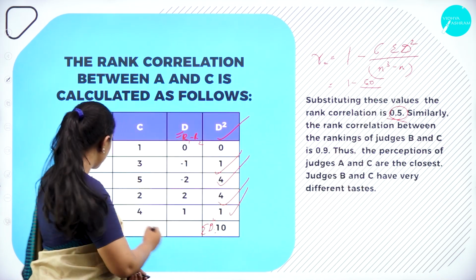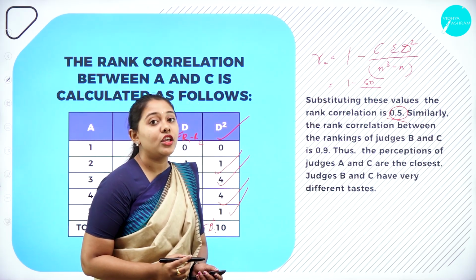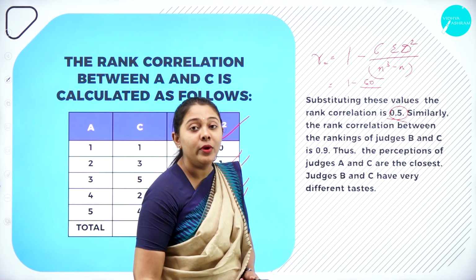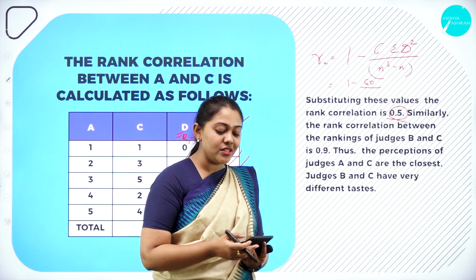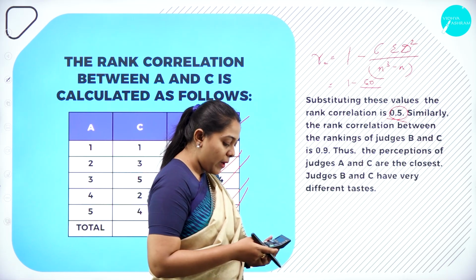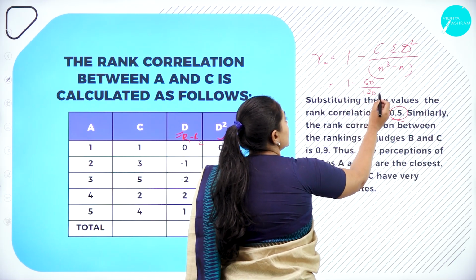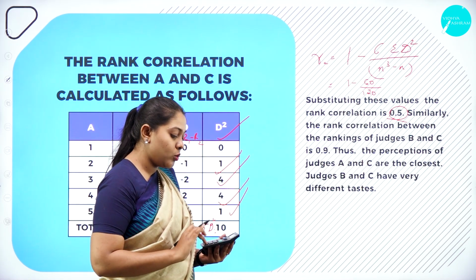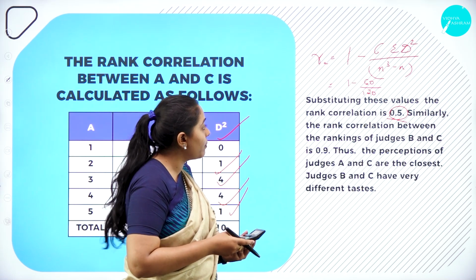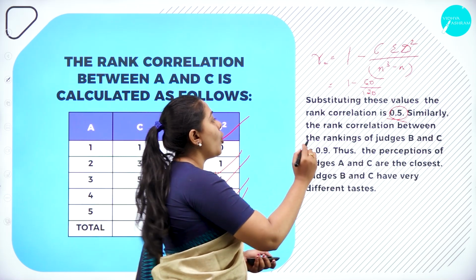So 5 cube. What will be the 5 cube? 5 into 5 into 5, it is 125. Minus 5, which is 120. So 60 divided by 120, you will get 0.5. If you subtract from 1, your answer will be 0.5.